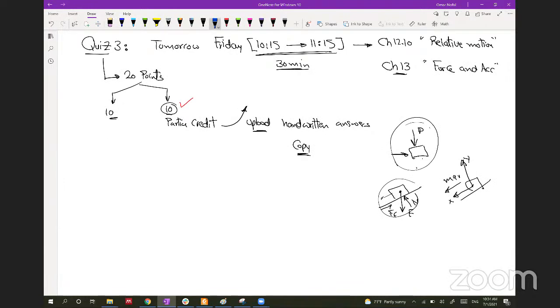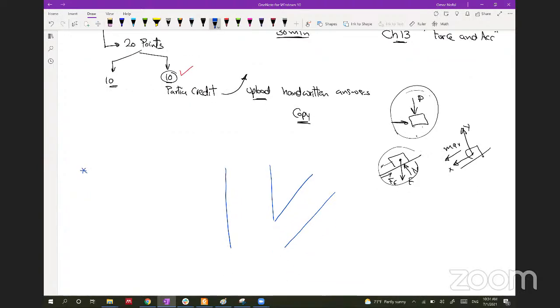Sometimes, if you have maybe a road like this, and there are 2 cars here, car A, car B, and car A has a velocity VA, and car B has a velocity VB in this direction.